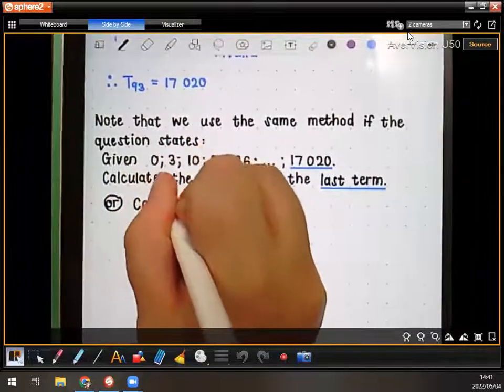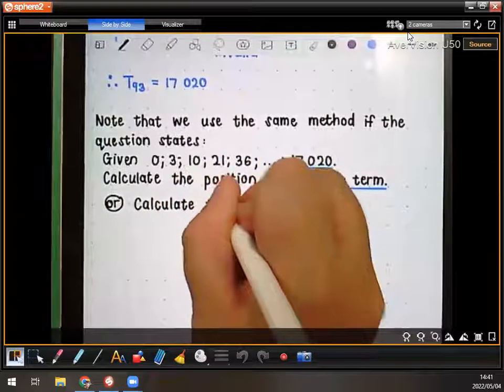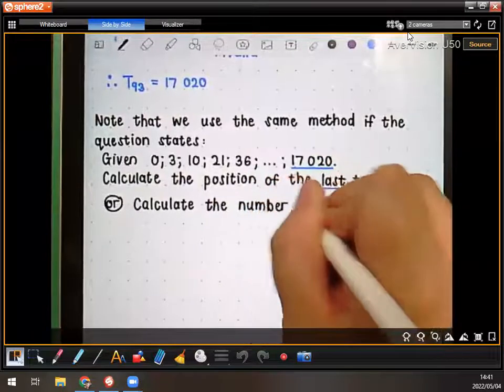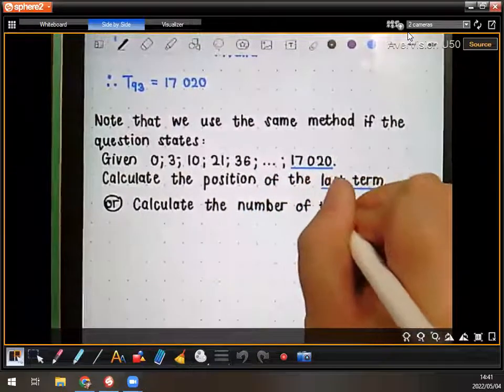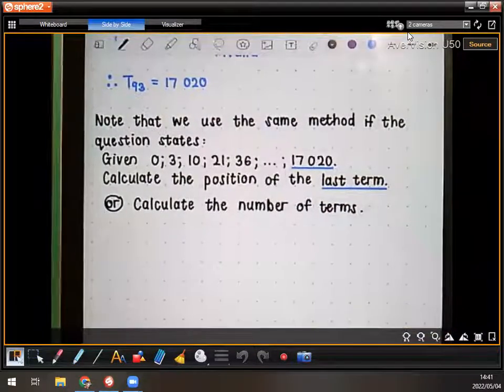Or they can ask, calculate the number of terms in this pattern.